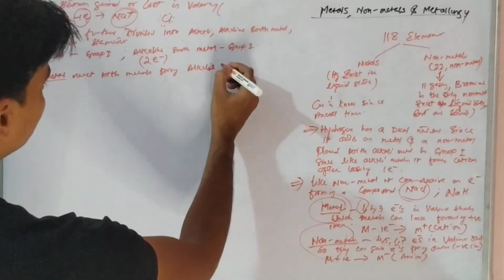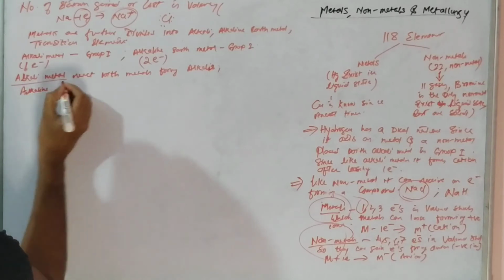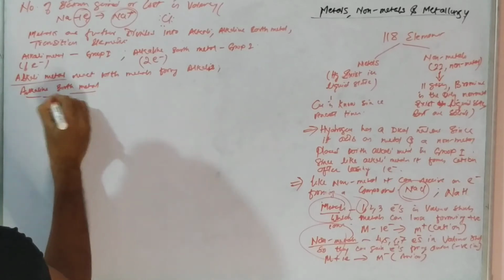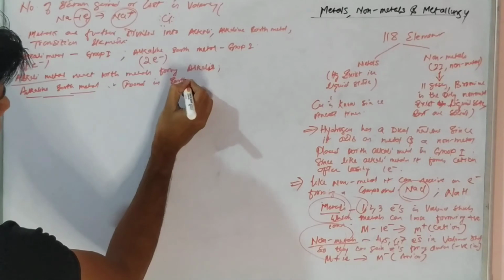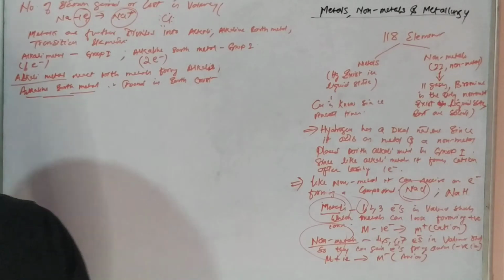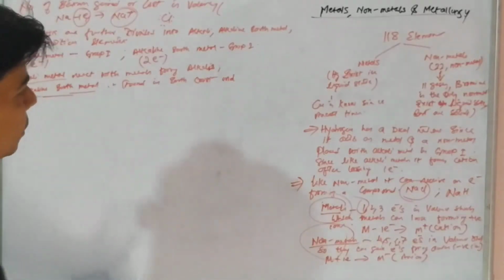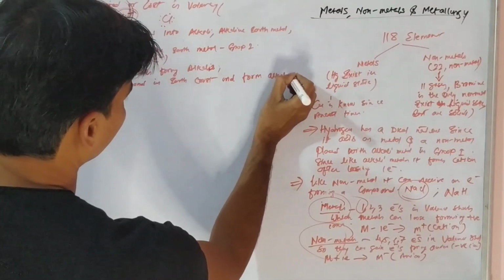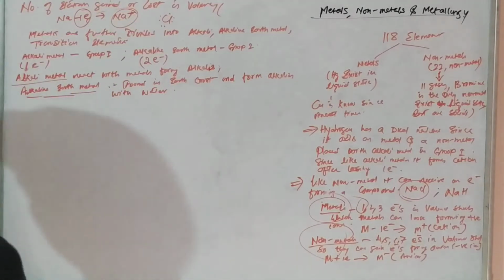So alkaline earth metals are found in the earth crust and form alkalis with water, which are water soluble bases.